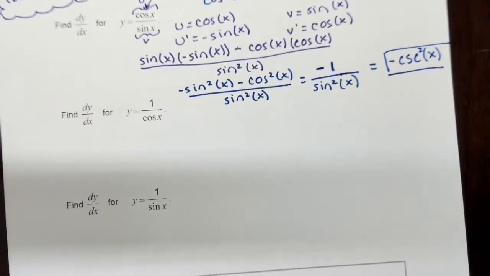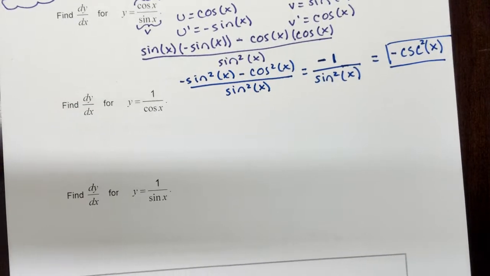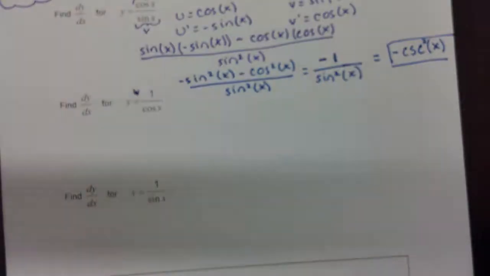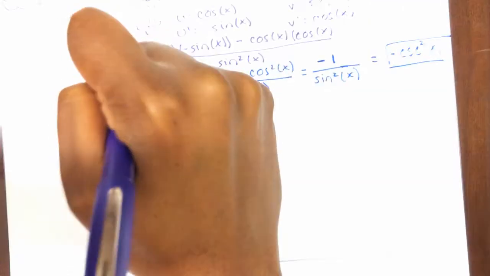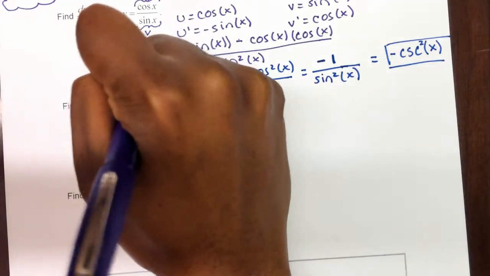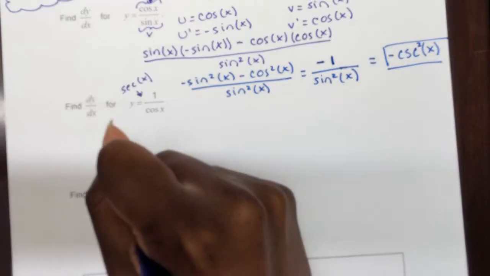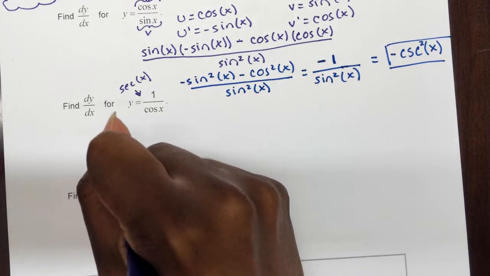For our last two, we have 1 over cosine, which we can break down to just being secant. And then under that, we have 1 over sine, which is just cosecant.